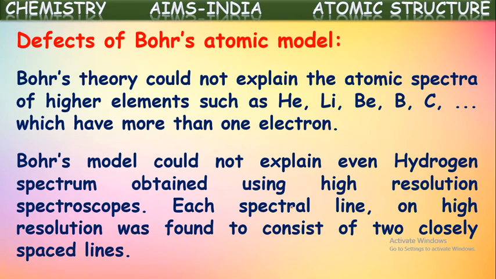Till there, he explained. But if you observe this hydrogen spectrum by using high resolution spectroscopes, each line again consists of two or more closely spaced lines. So why does each line again have different lines inside? For this question, Bohr could not give an energy explanation.